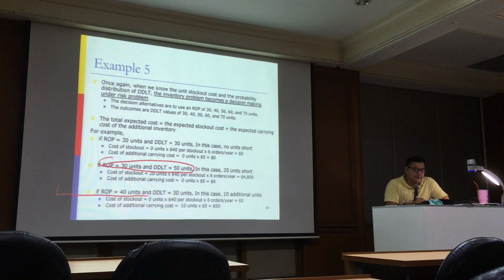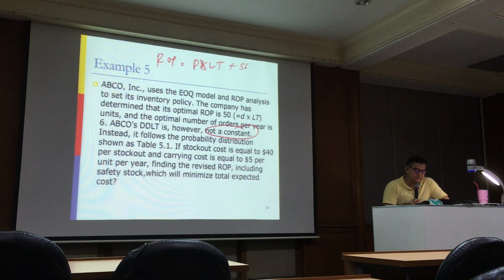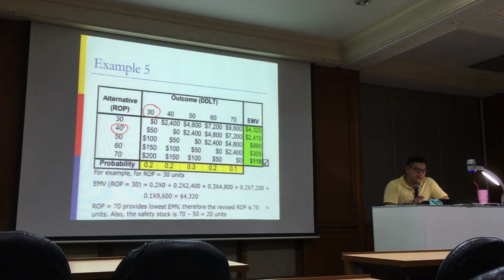How about another case as an example? If the reorder point is 40 and demand during lead time is 30, what happened here? You have 10 units more than demand, so you have remaining inventory. That means you have the carrying cost and no stock out cost.